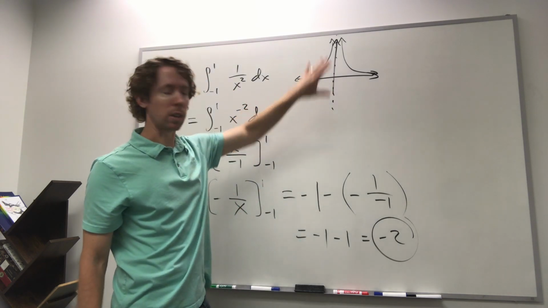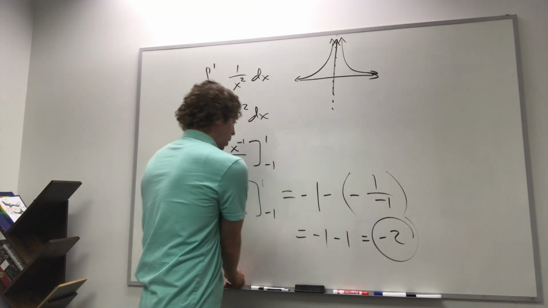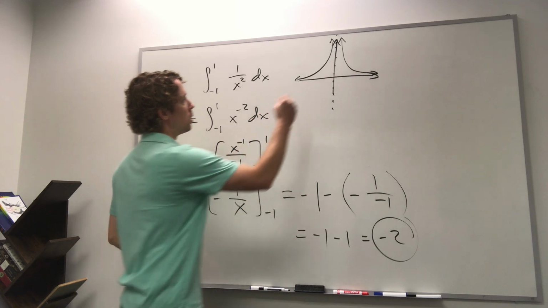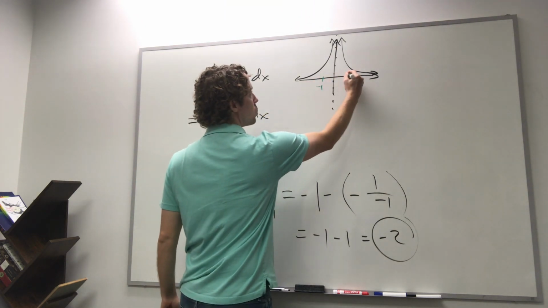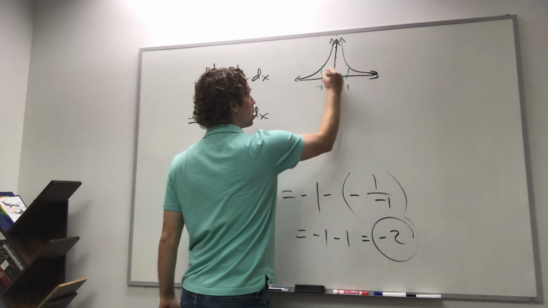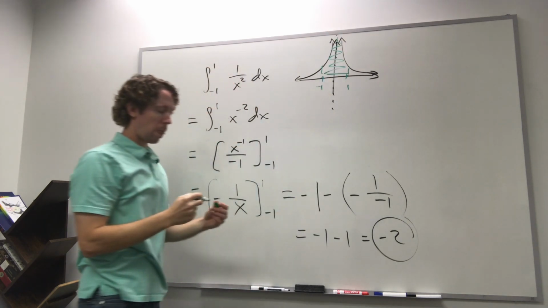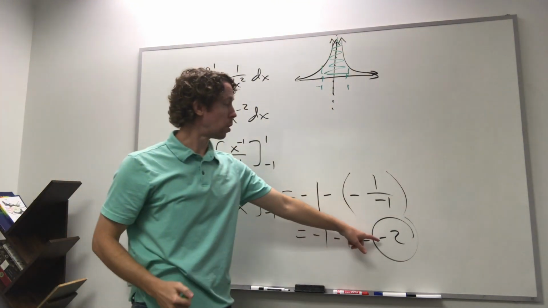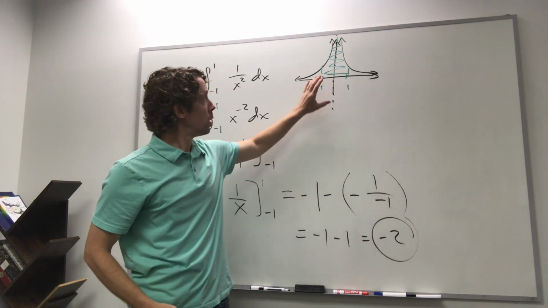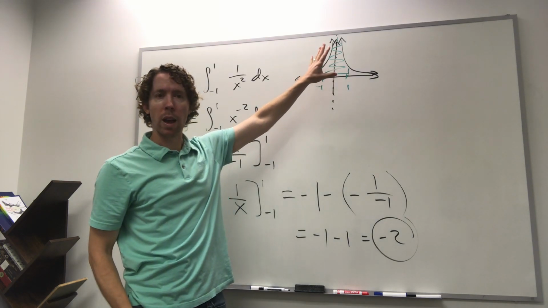So the graph looks like this. So what I did was I took the area from -1 to 1, so this area, and I got out -2, even though this area is all above the y-axis.